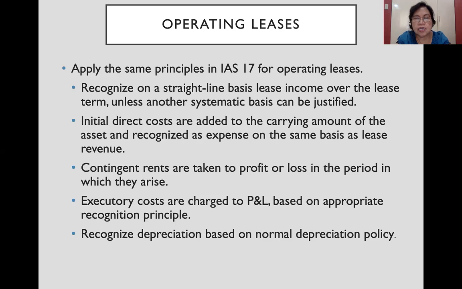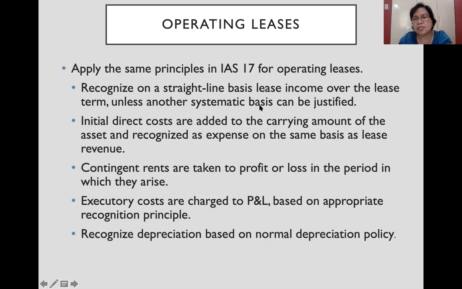For the first year, you have 1 million annual rental, but it will be increased to 1,200,000 during year 2 and 1,500,000 during year 3. Therefore, 1,000,000 plus 1,200,000 plus 1,500,000 total will be divided over 3 to compute for the annual rental income, even if collection is not uniform, unless another systematic basis can be justified.